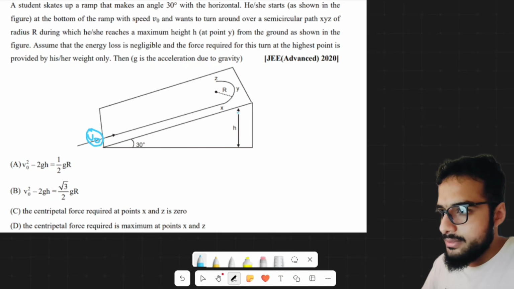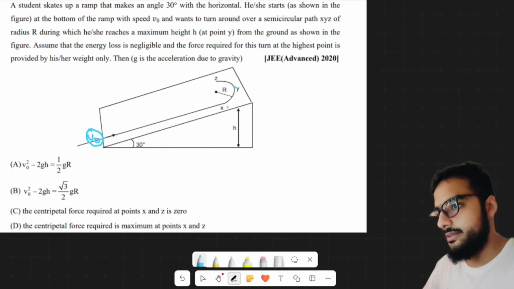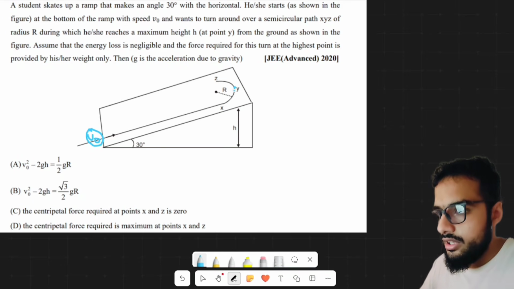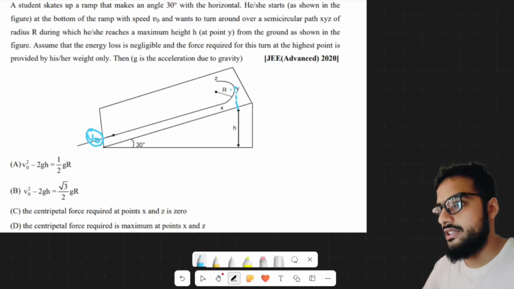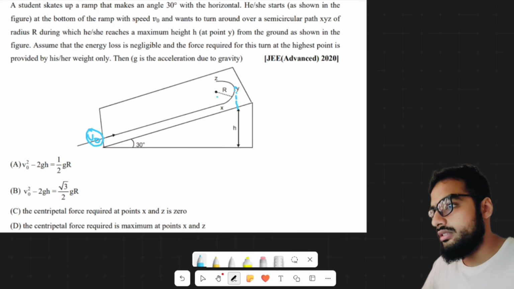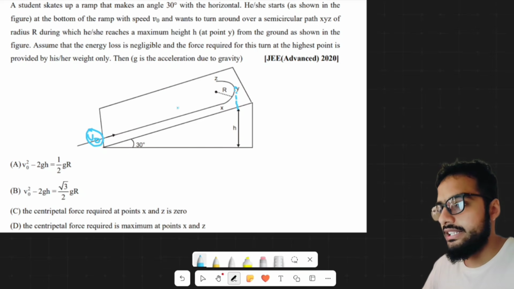Basically this maximum height h corresponds to this topmost point Y, isn't it? You can see that this h is the front view of this wedge, while XYZ lies on the plane side of this inclined plane.